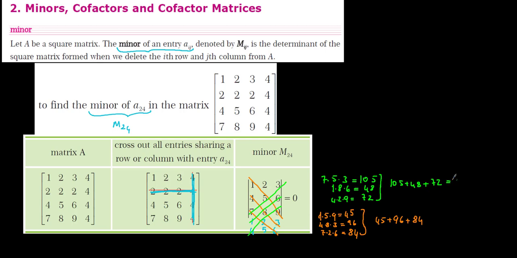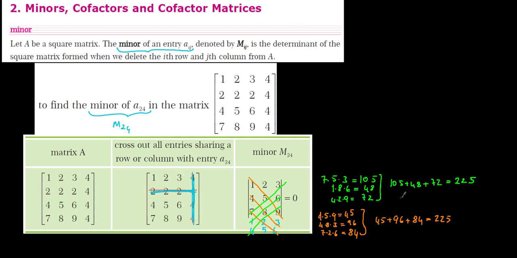The sum here is going to be equal to 48 plus 72, which is equal to 120. 120 plus 105 is equal to 225. The same one down here: 96 plus 84 is 90 plus 90 when you send the 6 to this side, 180 plus 45, which is equal to 225. So first let me write the 225 correctly here.